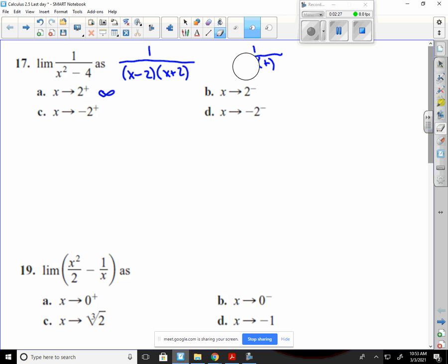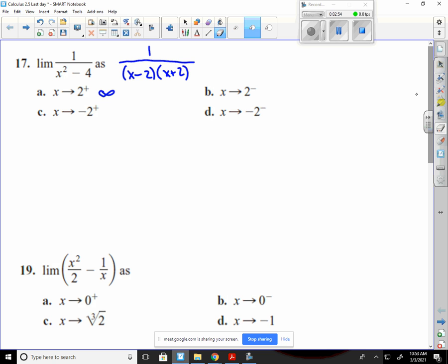Looking at part B here, x approaches 2 from the left-hand side. So I'm still going to use this same model up here. If I'm approaching from the left side, it's obviously going to do the same thing as from the right. It's going to keep getting bigger and bigger, but we don't know whether it goes positive or negative. So think about it. 1.9 minus 2 would give me a negative number.